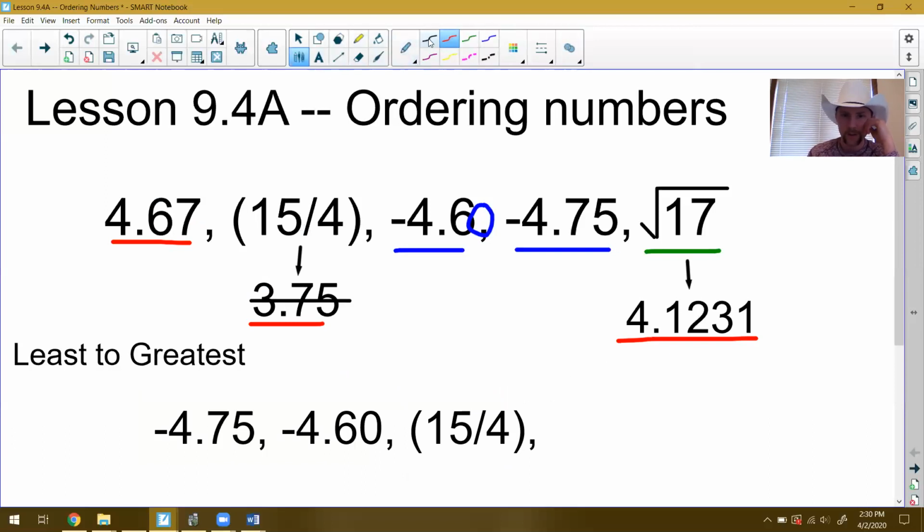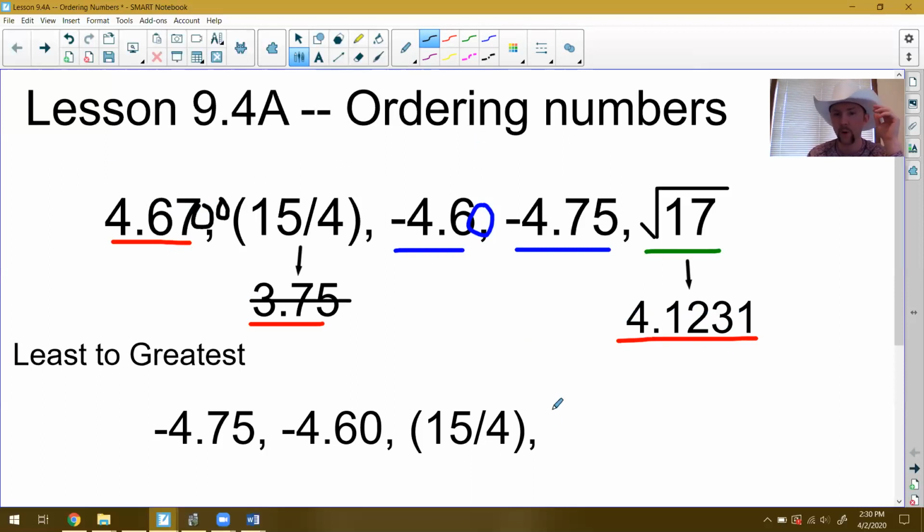Well, it should make sense. If this one has 4 decimal places, if I throw a couple more zeros on here, 123 is smaller than 670, right? This is sort of like 1,000, and this is like 6,000. So 1,000 is going to be smaller than 6,000, right? So I'm going to put 4.1231 next.